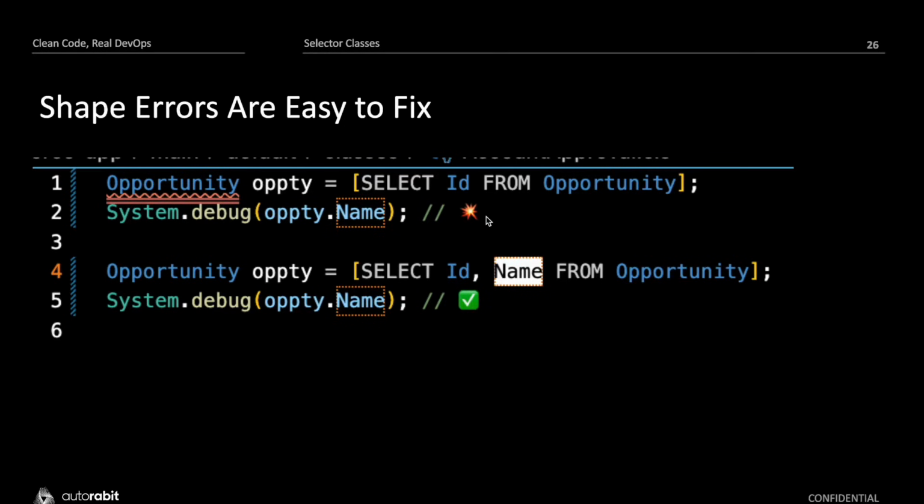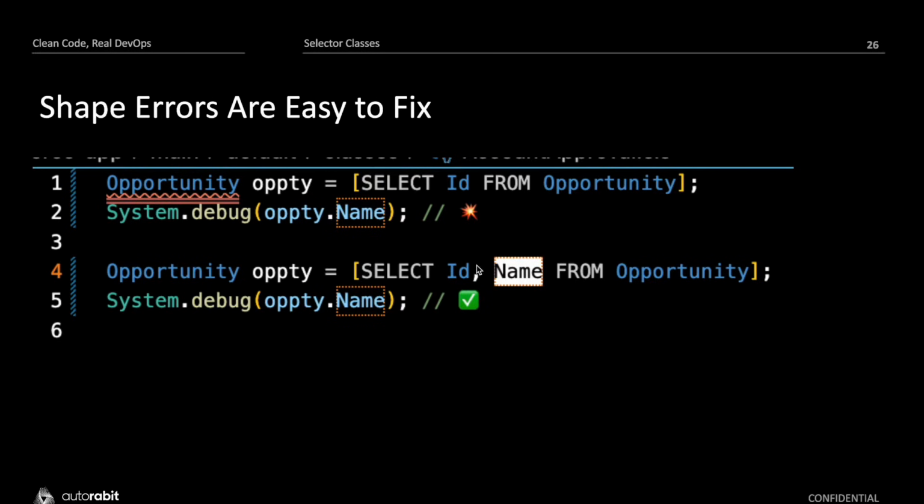And so the literature of fflib says that this is the use case for selectors, that to avoid this problem, you centralize all your queries and you ensure that every time you get an opportunity, you get the name back or whatever other field. And the argument is that then you ensure that they come back with the same shape. But really, in my opinion, to fix this error, you just add the field there and that's it.